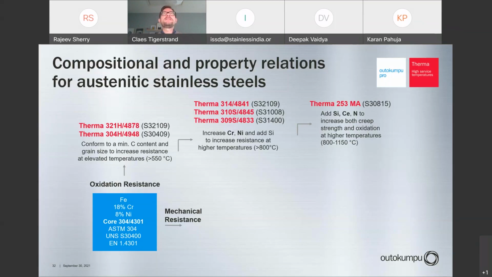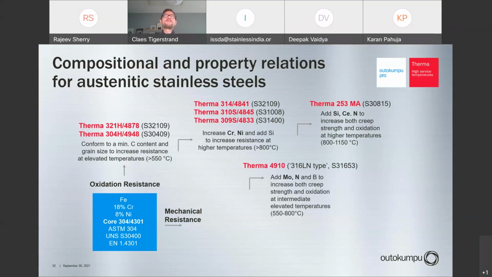degrees C. If you're at the intermediate higher temperature, we also can offer a grade we call the Therma 4910, which is a 316LN type of grade, a 316 with low carbon, with nitrogen. The beneficial effect here is coming from the molybdenum, the nitrogen, but also boron is added here.